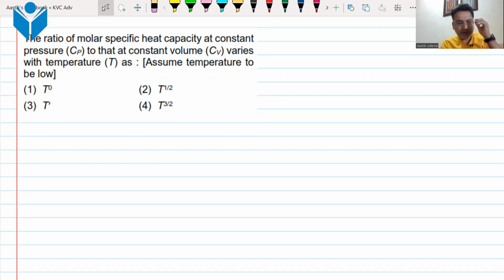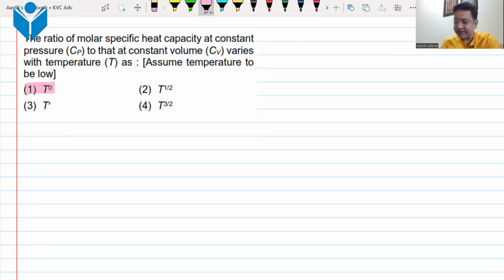The ratio of Cp to Cv varies with temperature as. For an ideal gas, the ratio of Cp by Cv, and the correct answer is 1, T to the power 0.